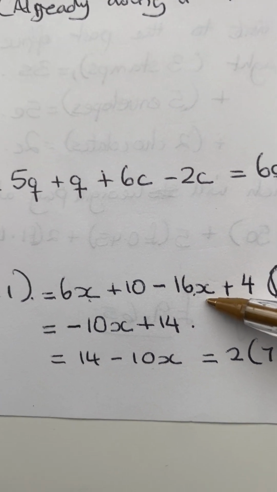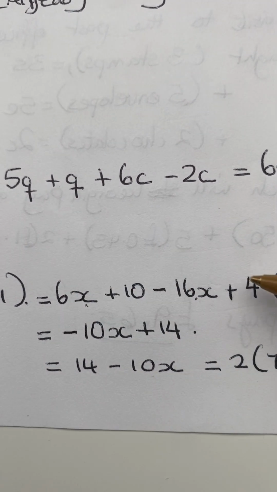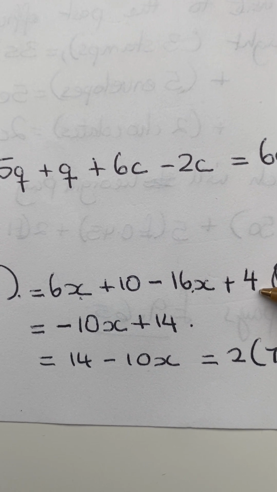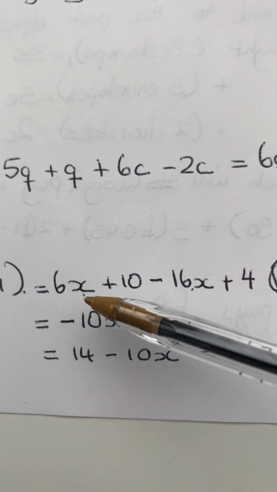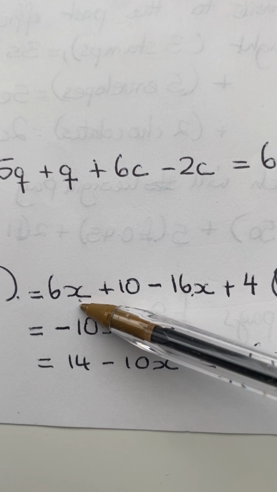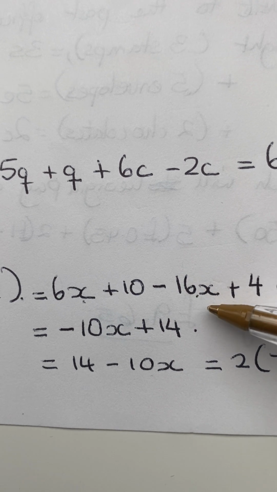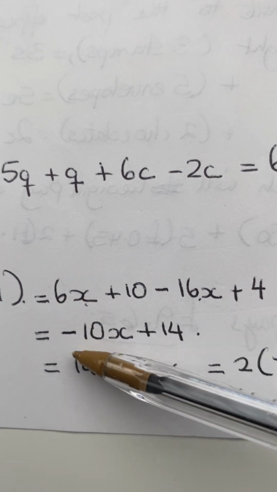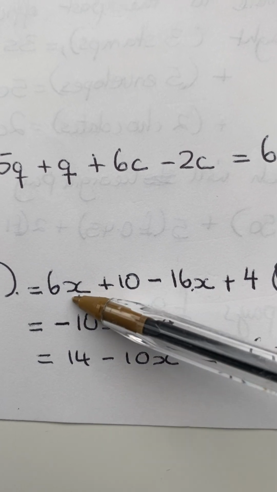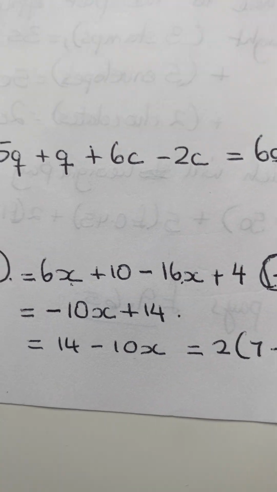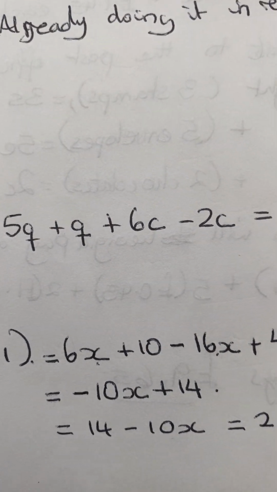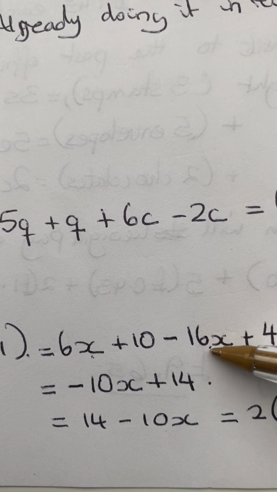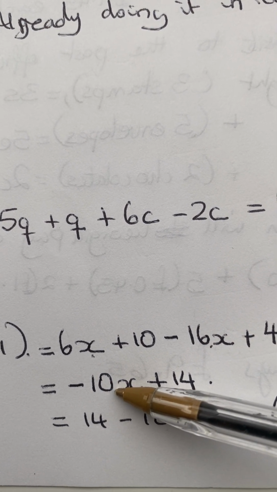Now we are going to put the x's together and put the whole numbers together. So we have 6x minus 16x. This will give us minus 10x. You remember the overdraft situation. You have £6 and you withdraw £16, you owe £10.